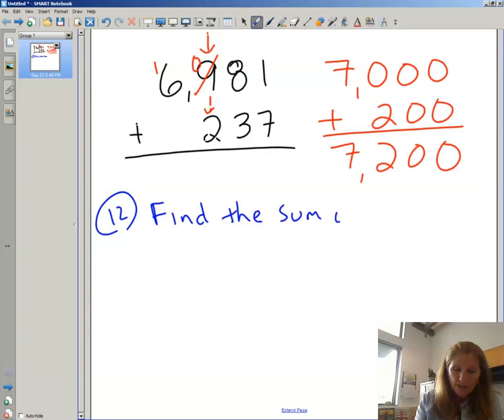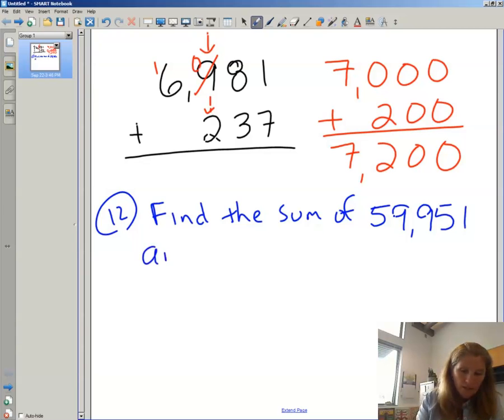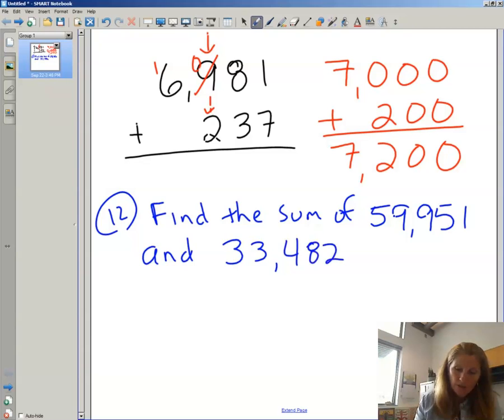Find the sum of 59,951 and 33,482. The reason I'm doing this one is because there's the tricky 9 thing that we're doing.